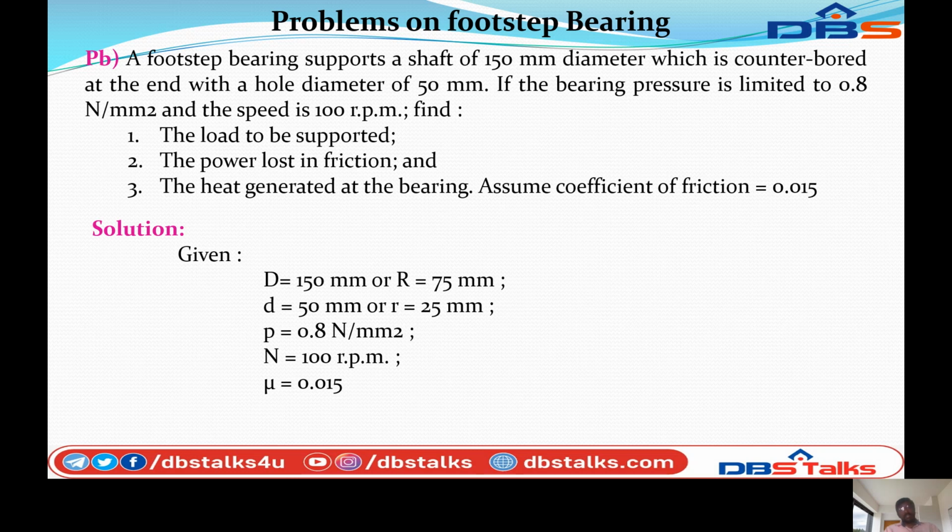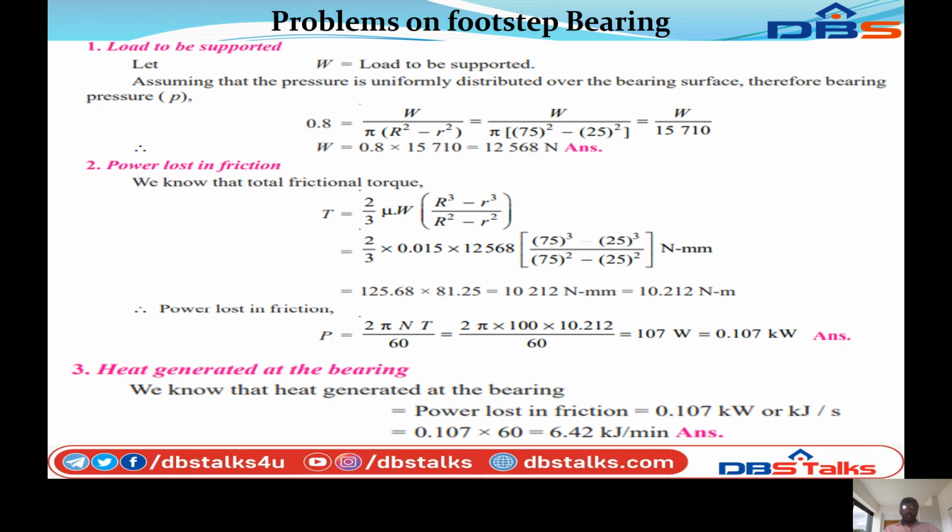So first you can calculate the load to be supported. Let W equal the load to be supported. Assuming that the pressure is uniformly distributed over the bearing surface, the bearing pressure P is equal to W by pi into (R square minus r square).